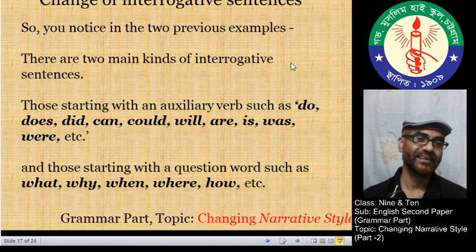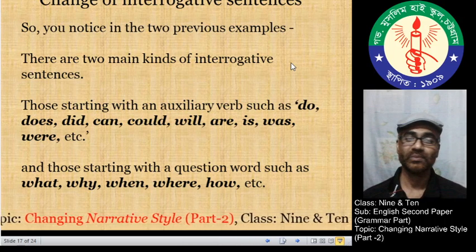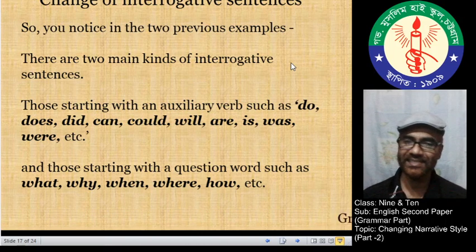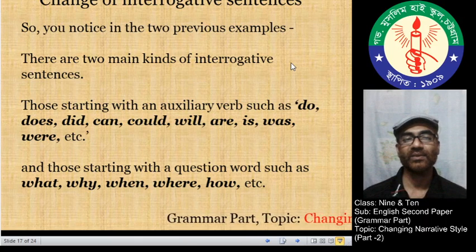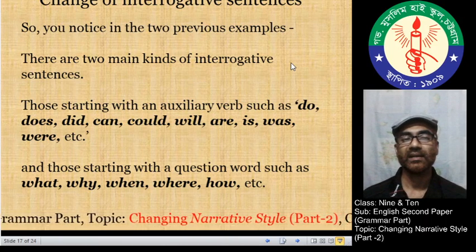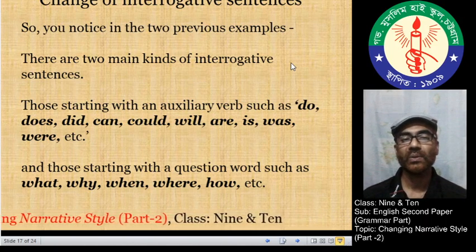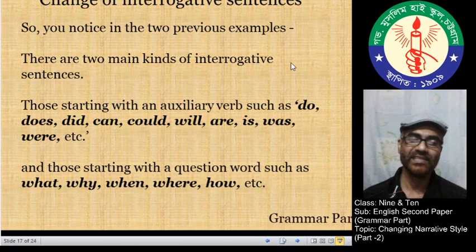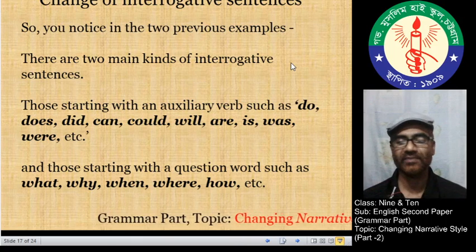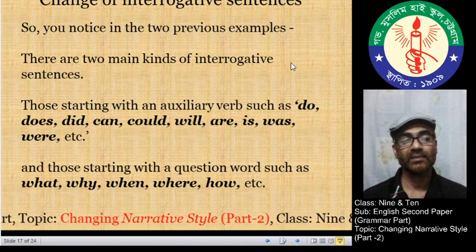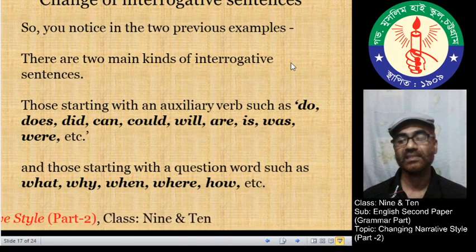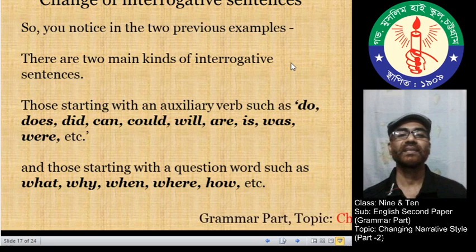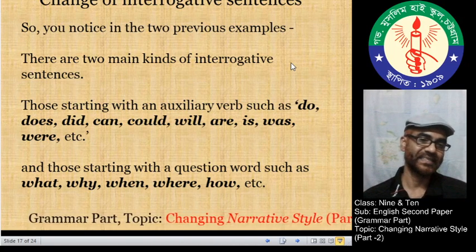So you notice in the two previous examples that there are two main kinds of interrogative sentences. Those starting with an auxiliary verb such as do, does, did, can, could, will, are, is, was, were, etc. These are the auxiliary verbs, and you will find a lot of auxiliary verbs like this. And also those starting with question words such as what, why, when, where, how, etc. So these are the two main kinds of interrogative sentences.